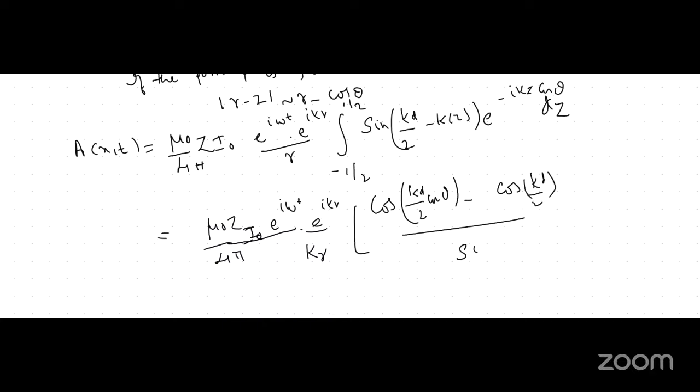Okay, so A of xt is equal to this value which we are going to get. Let us take it as equation number 4. Previously we considered equation 3. This is equation number 4 which we have.